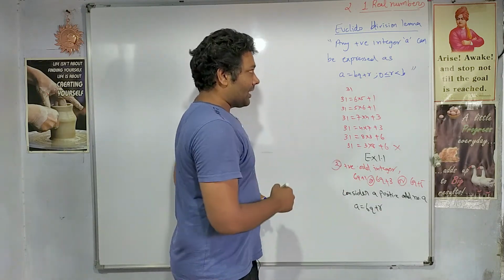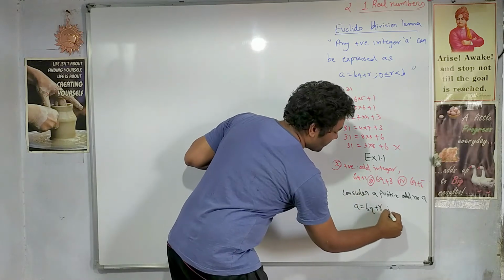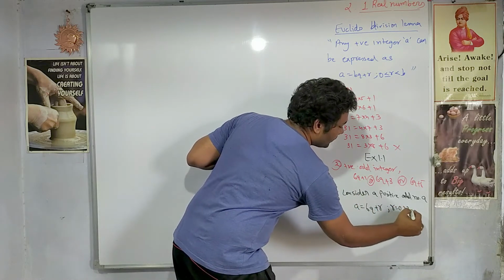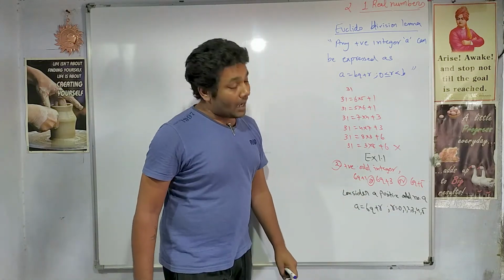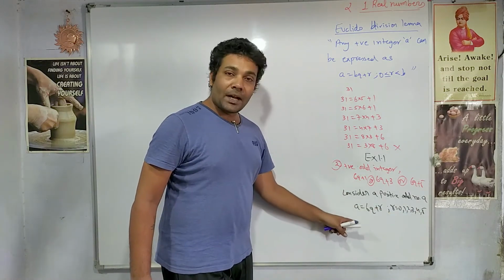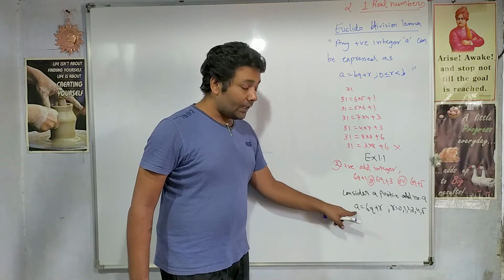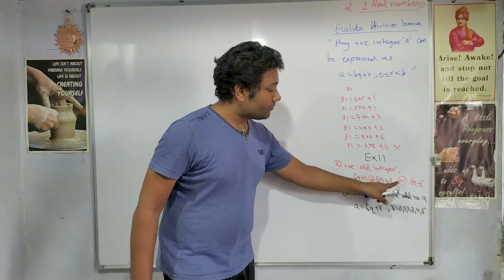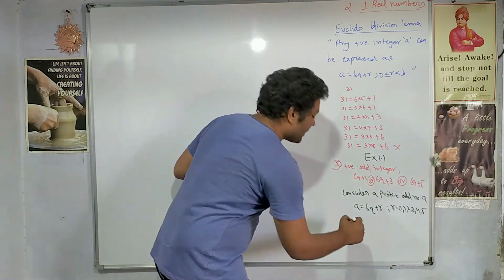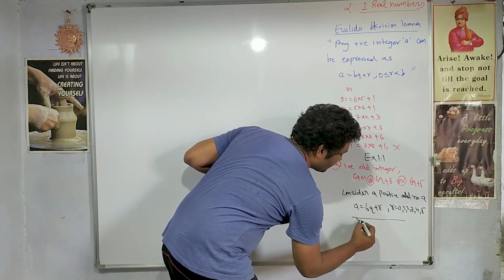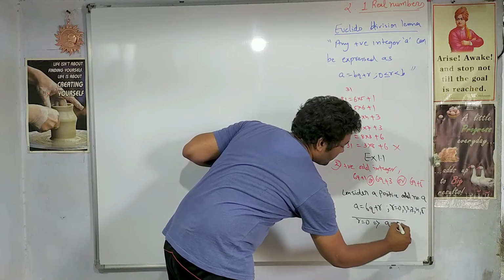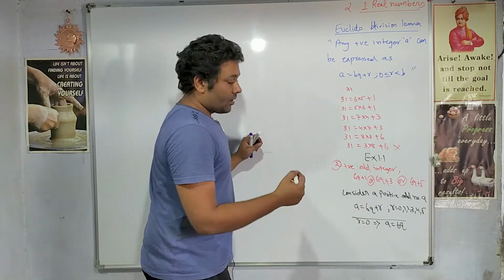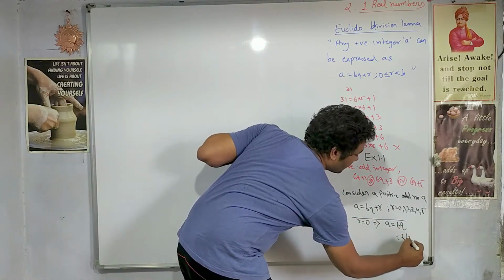Now what can r be? As per the conditions, r can be 0, 1, 2, 3, 4 and 5. We'll substitute the values of r one by one and obtain a in the format of one of the three. When we put r equal to 0, what do we get? a = 6q, but this is a multiple of 2.